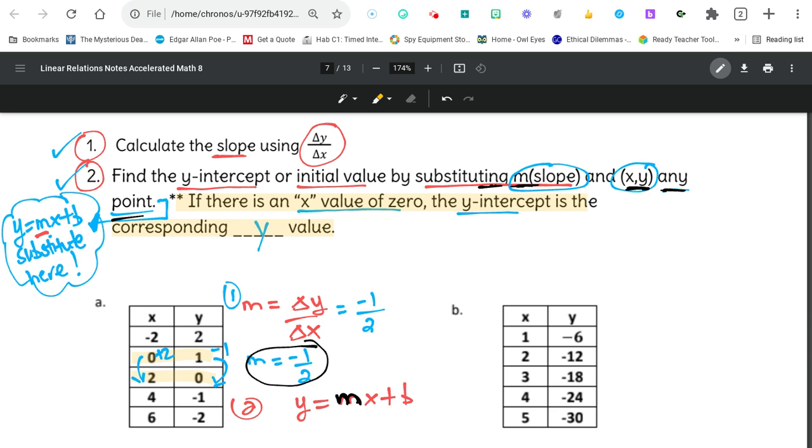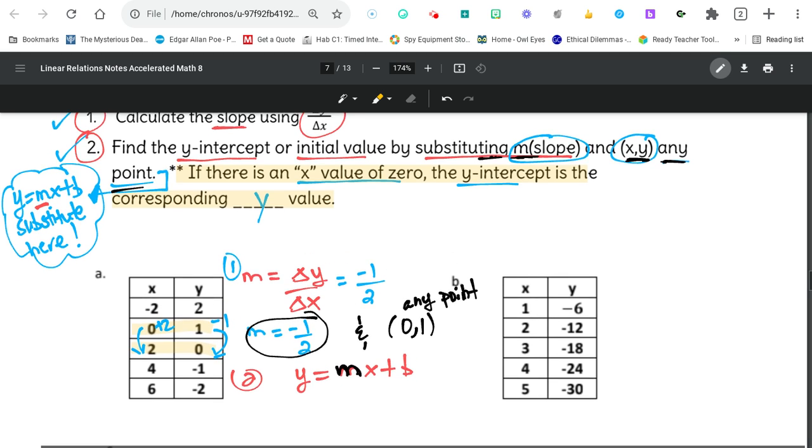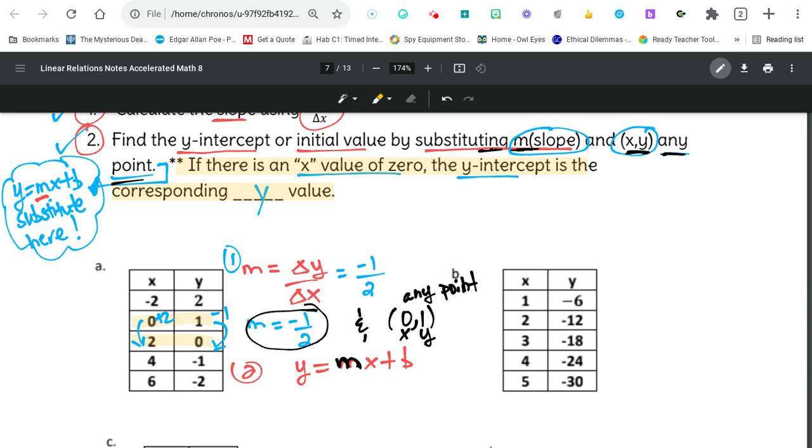So I'm going to use an m of -1/2, and I'm going to pick a point from over here. So I'll pick the ordered pair 0, 1. Okay? It doesn't matter. I could have picked 2, 0, or 4, -1. Just pick any point from the table. Okay? And that's going to be an x and a y.